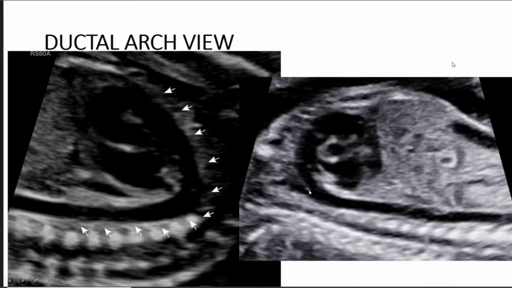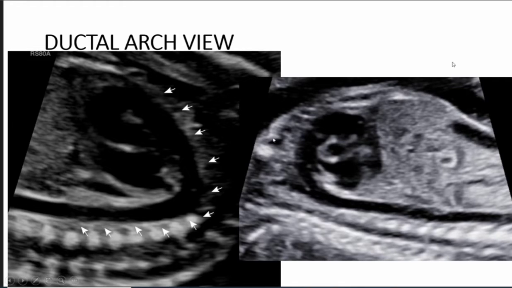Now, this is the ductal arch view. The ductal arch view is got in the mid-sagittal plane. It is the continuation of right ventricle, which is immediately below the sternum, and the pulmonary artery, which is below the sternum, the ductus arteriosus, the descending aorta.